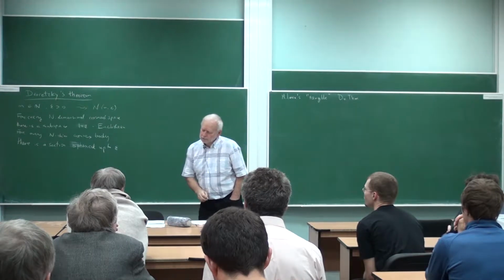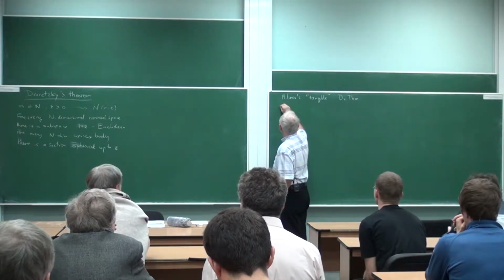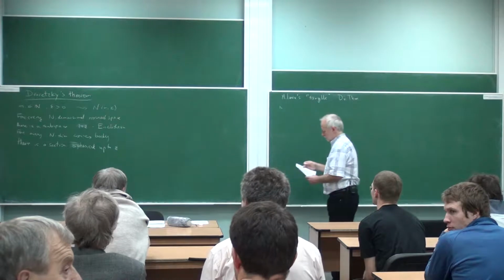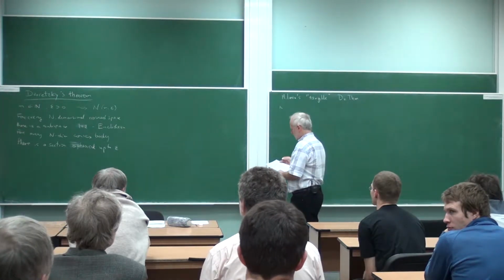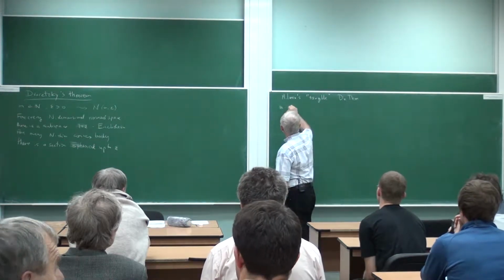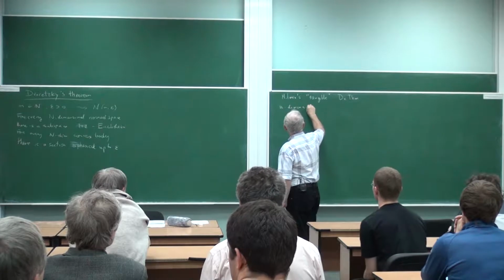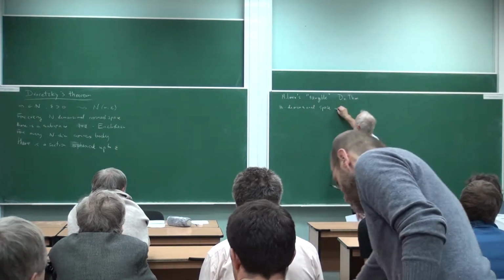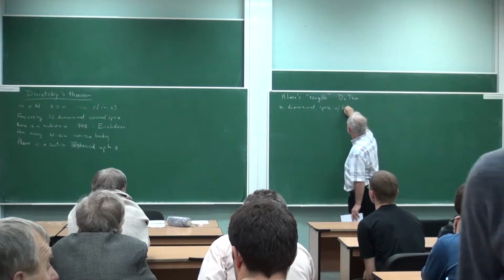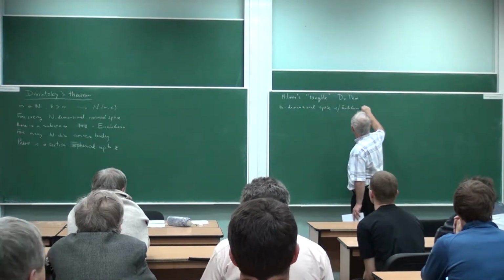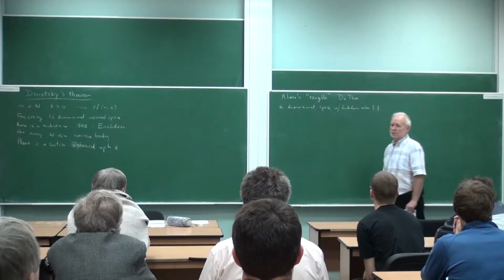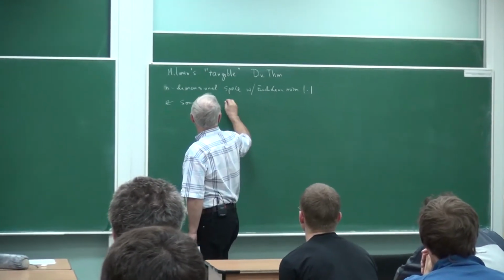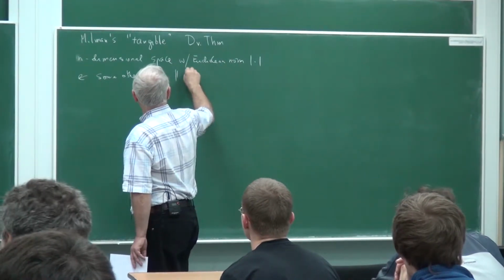Let's consider an n-dimensional space with two norms: the Euclidean norm, which I denote by a single bar, and some other norm, which is with two bars.